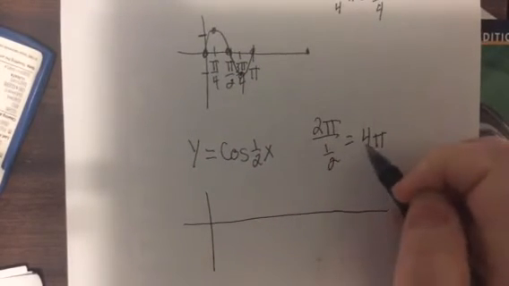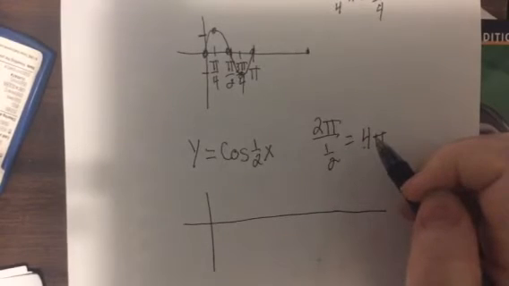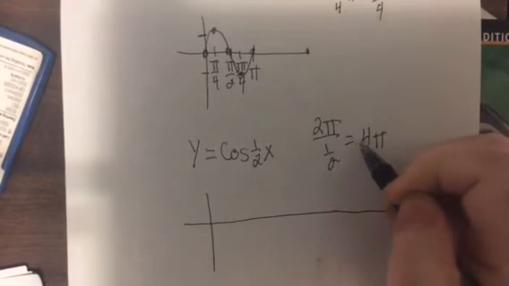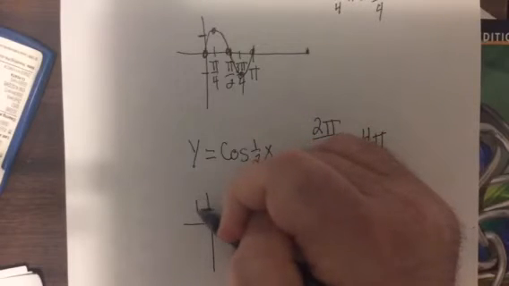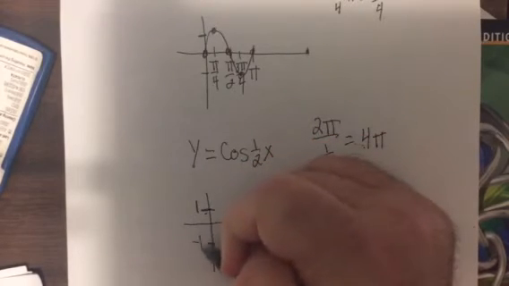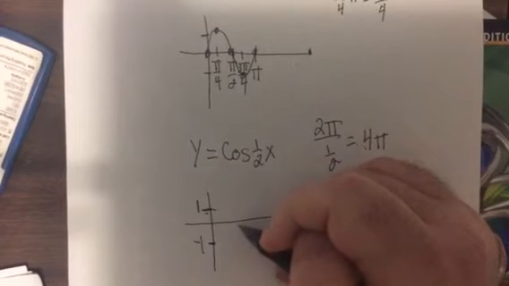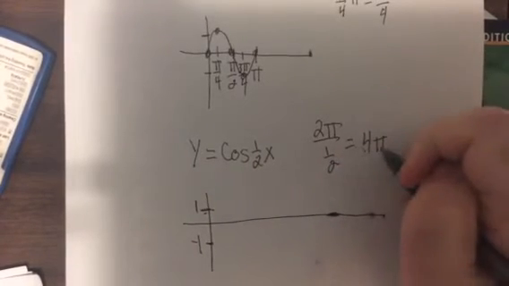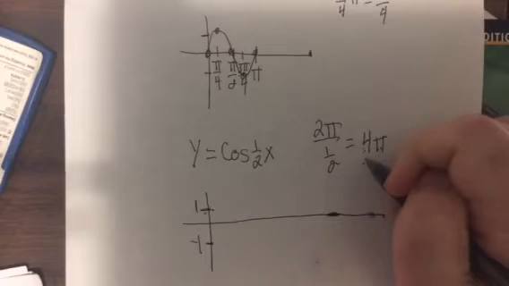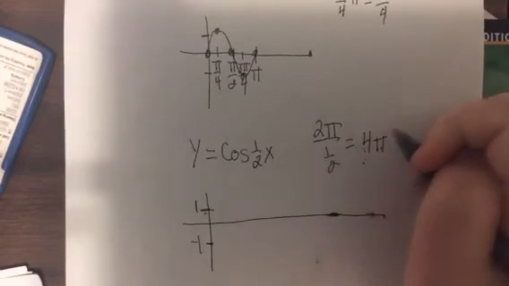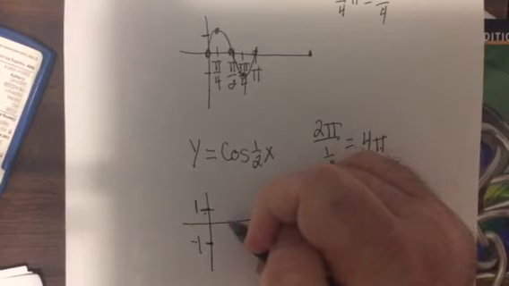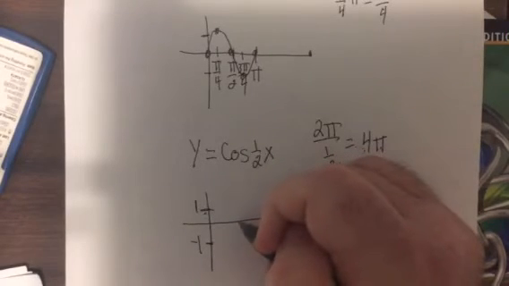So normally it takes 2 pi to do a complete hill and valley. Now it takes 4 pi. We're doubling it. So here's 1, negative 1. Now let's see, 1/4 of 4 pi is pi. 2/4 would be 2 pi, 3 pi, 4 pi, every fourth.